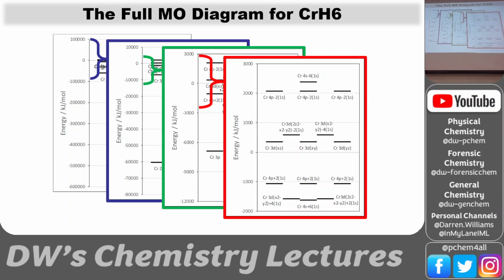It's the 4s, the 4p, and the 3d orbitals that are interacting with the hydrogens. It's not the 3p's, not the 3s, the 2p's, the 2s, or the 1s. Those are all core in the chromium. So it's only those outer electrons that are interacting.